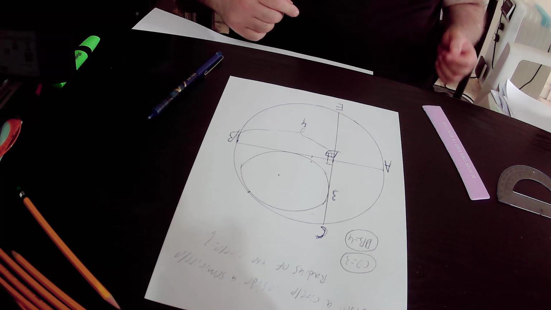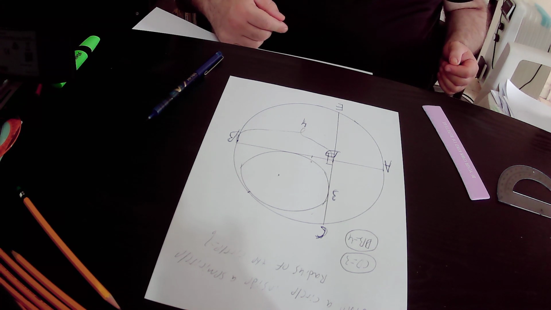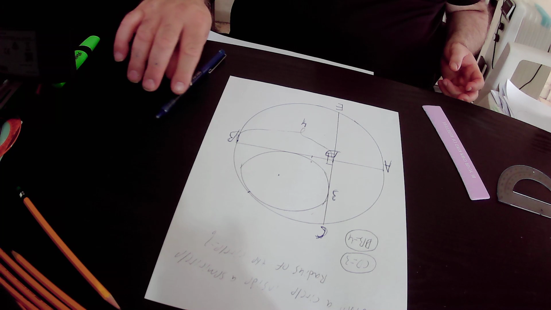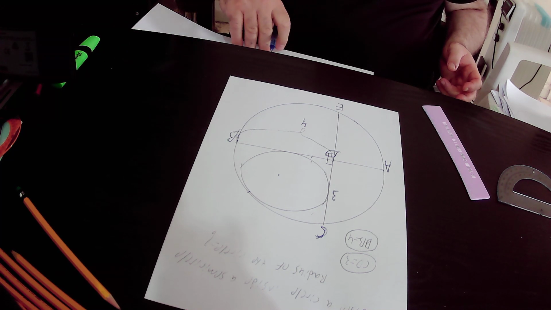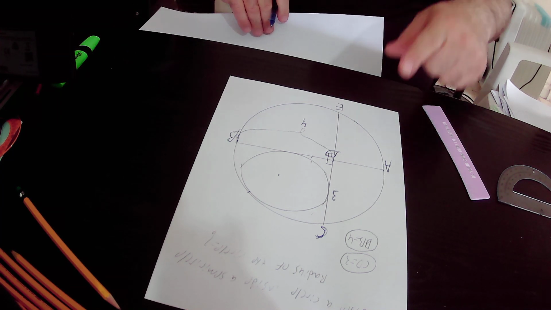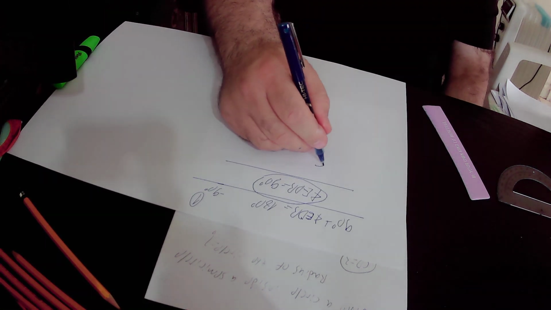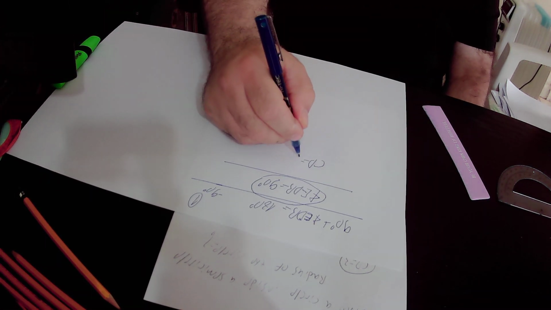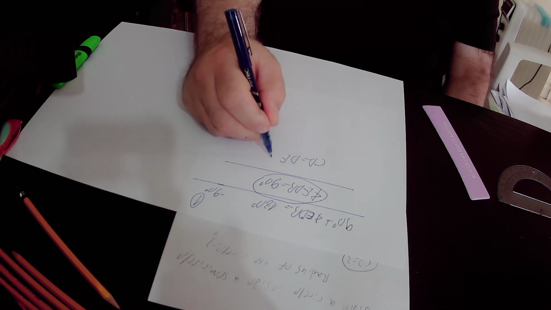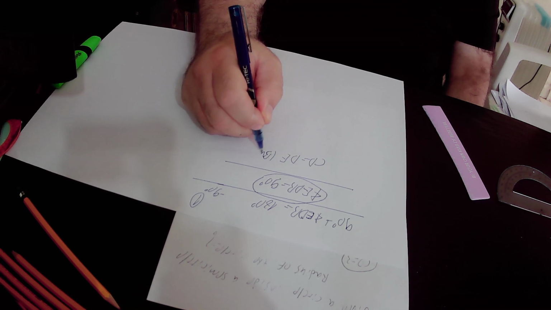Exactly like if you look at yourself in the mirror, you see yourself in exactly the same dimensions, but in the opposite direction. So here we get that CD equals DE by symmetry.